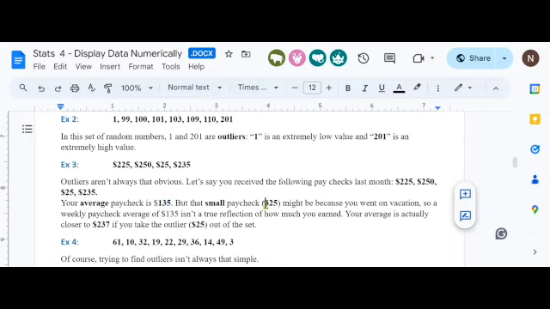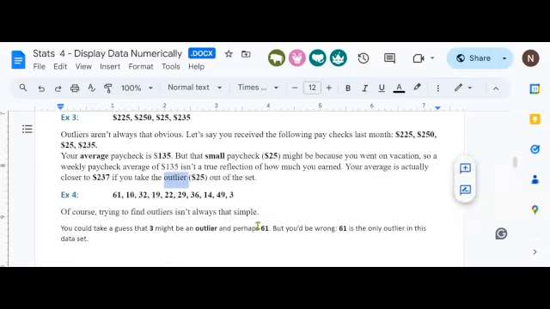But the small paycheck 25 might be because you went on vacation or some other reason. So the weekly paycheck average of 135 isn't a true reflection of how much you earned. Your average is actually 237 if you take the outlier 25 out of the set.